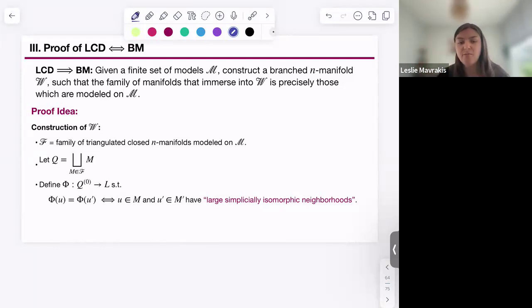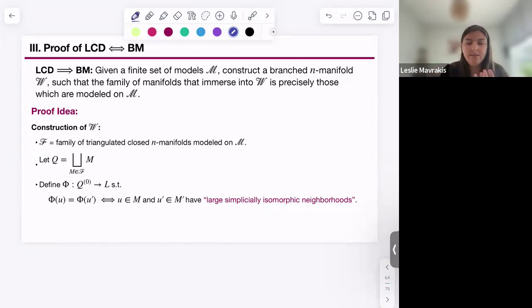This is vague on purpose, but the idea is these neighborhoods will at least contain the model, because this thing is modeled on some set of models. And you can show that since all of these manifolds are modeled on the same set, you can do this using finitely many labels.